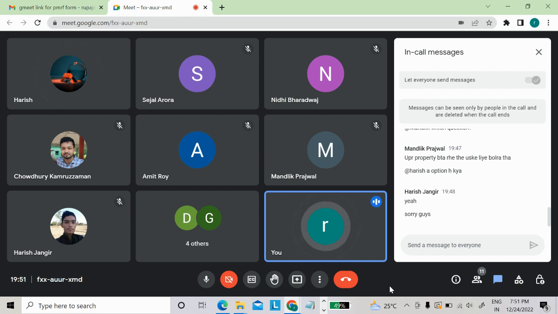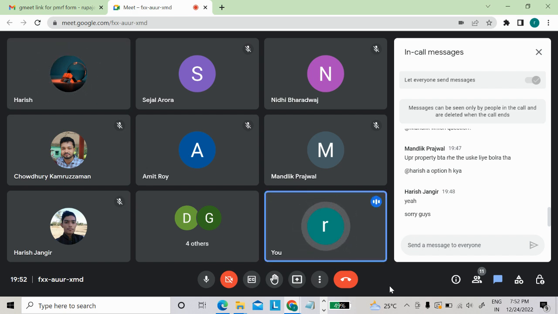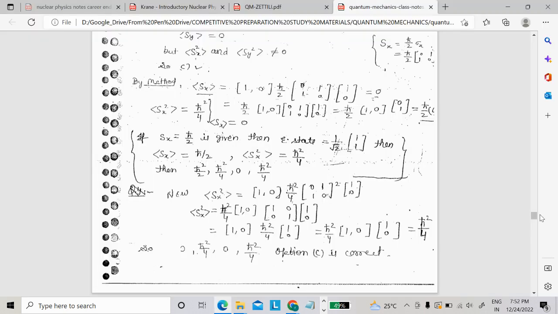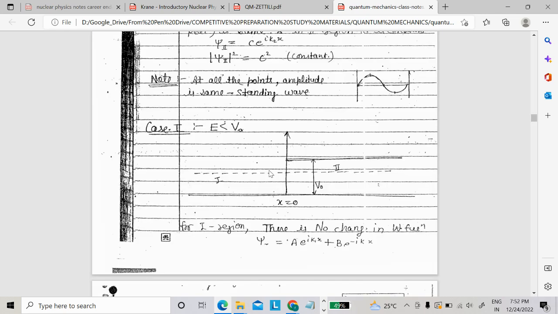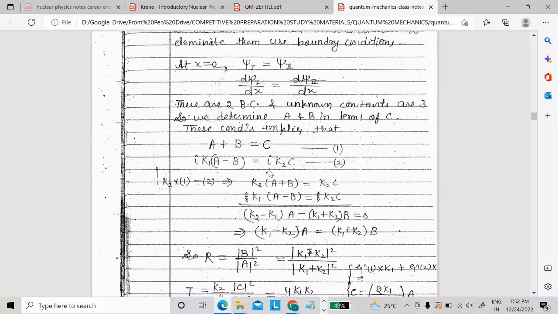There are two cases: when the particle is on the left-hand side, the potential is zero, so the Schrodinger equation will be minus h cross square upon 2m d2 psi by dx square plus V psi, with V zero. For a step potential, there are cases when E is less than V naught and E is greater than V naught.